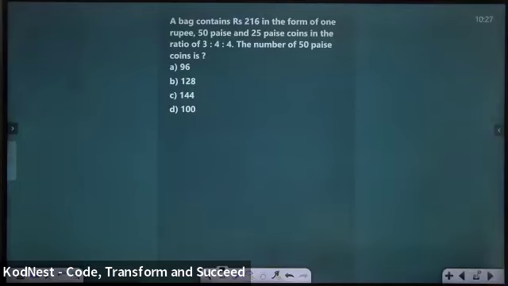So what should I multiply? 36. So multiply with 36, you will get the number of coins. Okay. So number of coins of 50 paise will come out to be 36 into 4. That is 144. Okay. Right. Next question.